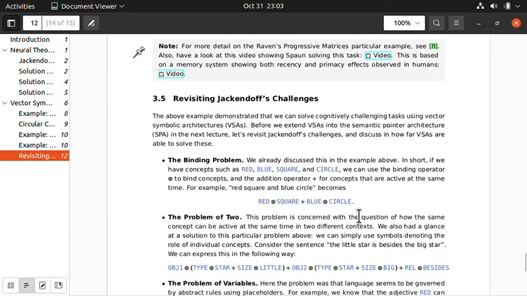But if I then had a compressed representation of, say, an aqua oval, and the vector for aqua is kind of similar to the vector for blue, and the vector for oval is kind of similar to the vector for circle, and again by similarity I mean dot product, then it would be nice if aqua bound with oval is similar to blue bound with circle. And it turns out that is the case with circular convolution.